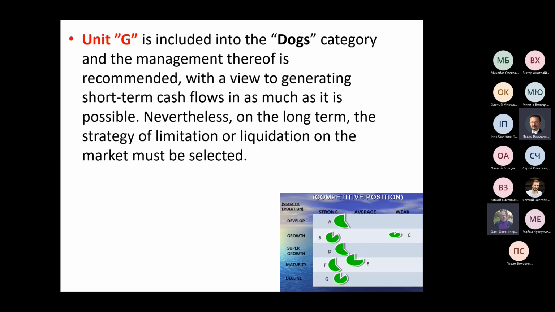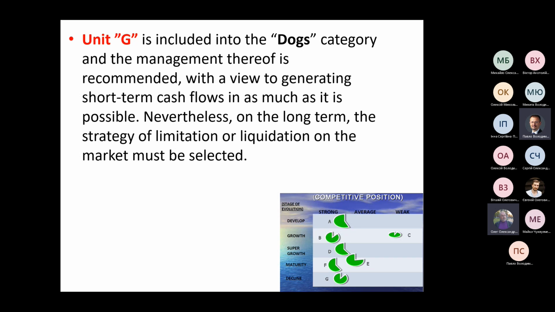I am kindly reminding you that to have all stars in the portfolio is not a good idea, because without a star, the strategical business unit will become a question mark.